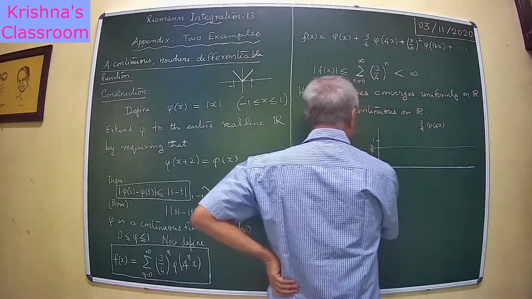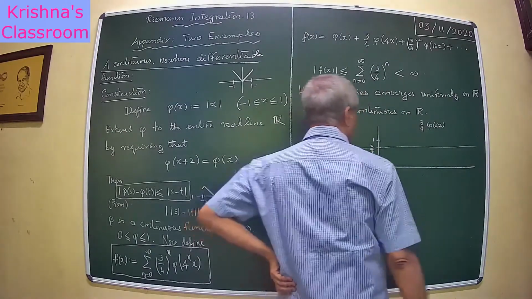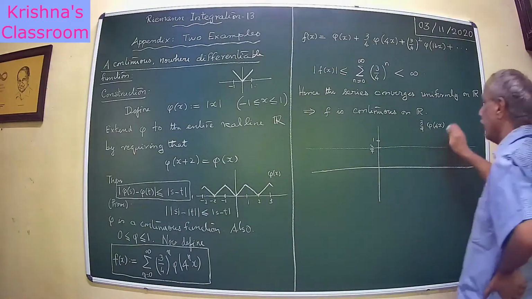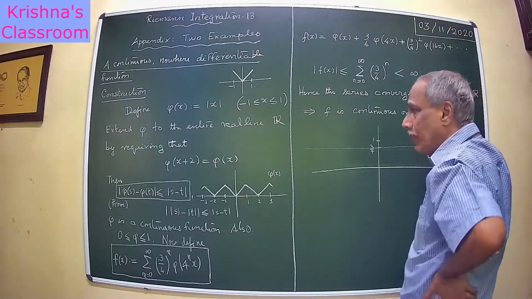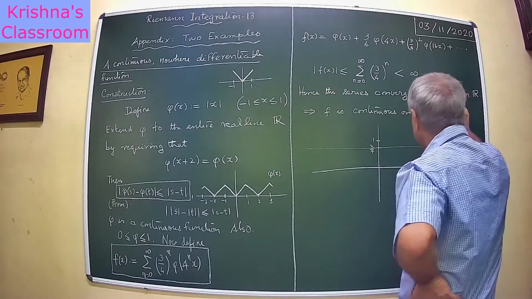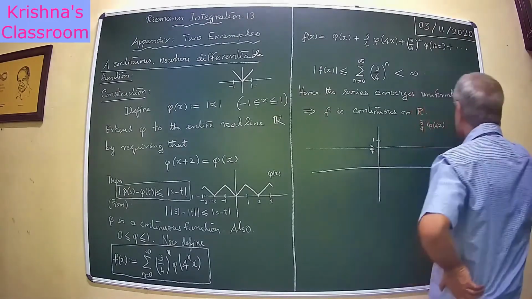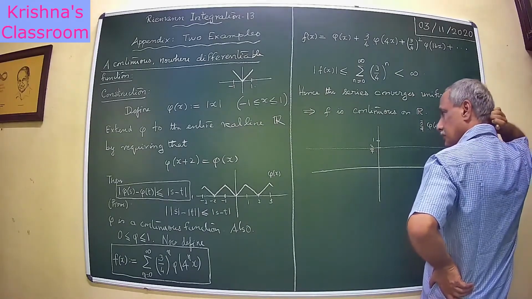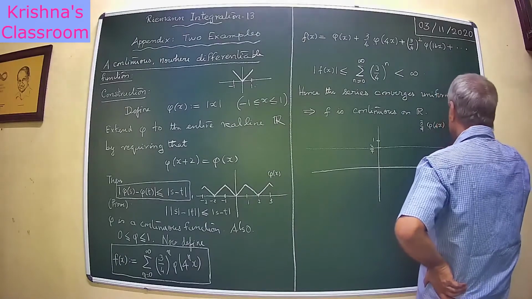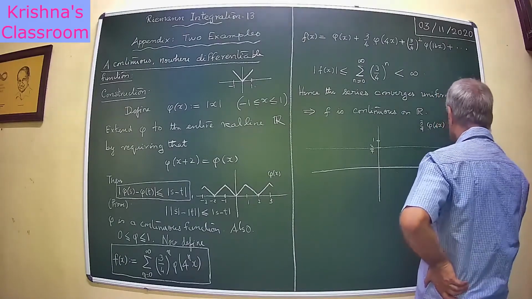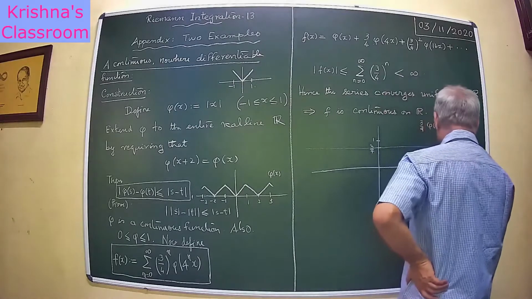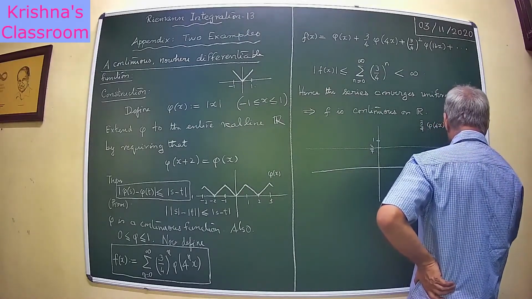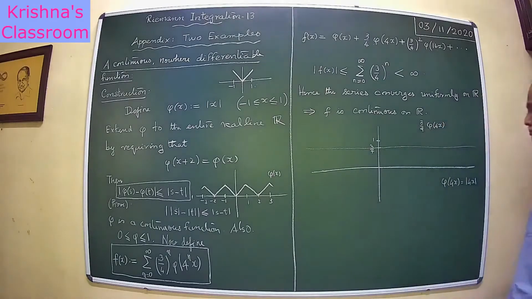So let me import this line, and then let me mark up. What about phi of 4x? Phi of 4x is equal to mod 4x.